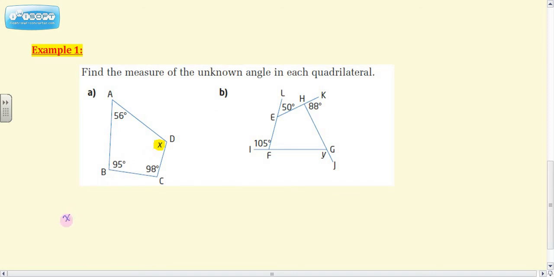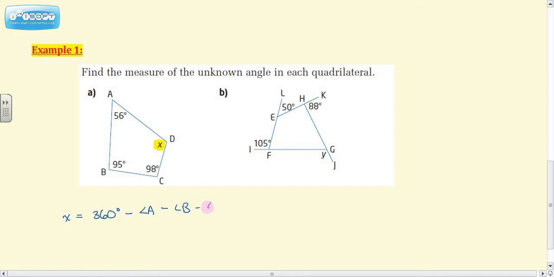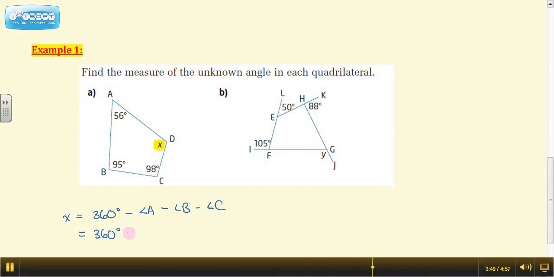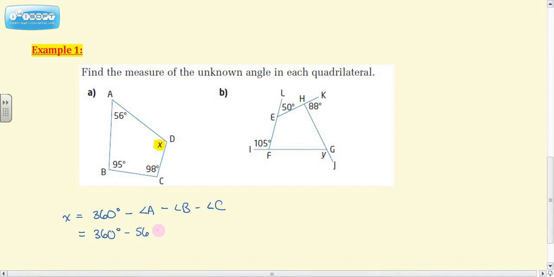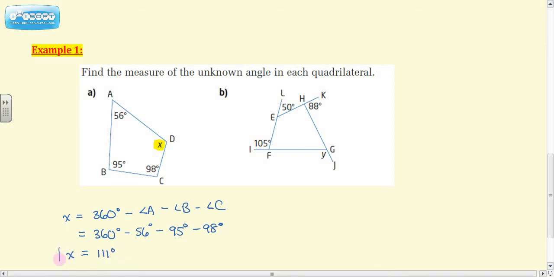So to get my X value, I'm going to take 360 degrees and subtract angle A, subtract angle B, subtract angle C. So 360 minus 56 minus 95 minus 98 gives me 111 degrees. So my unknown angle X is 111 degrees.